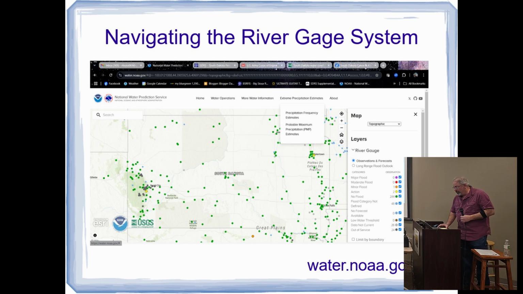These things will also measure water flow, and that's done in cubic feet per second. On the Missouri, it's in the thousands of cubic feet per second. Up in the upper Big Sioux River area, it's just in hundreds of cubic feet per second. It depends on where you are.